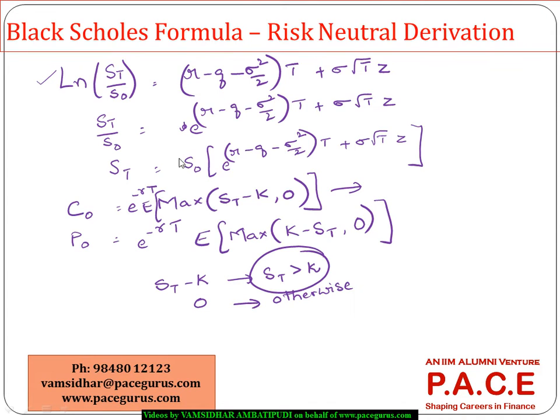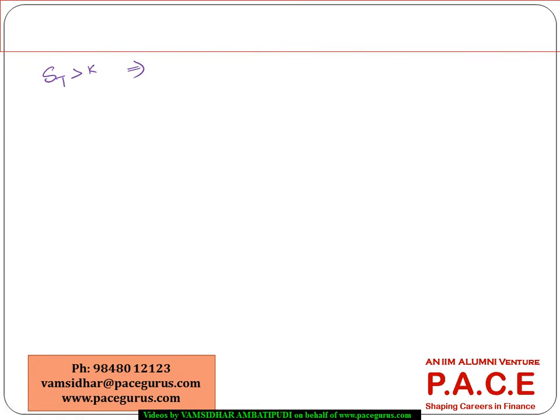ST is nothing but S naught into this, so that should be greater than K. So I'm looking at S naught times e to the power of (R minus Q minus sigma squared by 2) times T plus sigma root T Z. This entire thing should be greater than or equal to K.